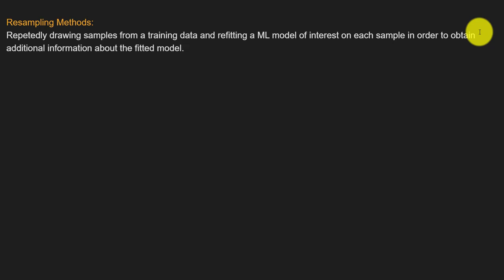In the case of resampling methods, according to this definition, we are fitting the machine learning model more than once. We are drawing samples from the training data and fitting the machine learning model more than once. So why do we need to do that?